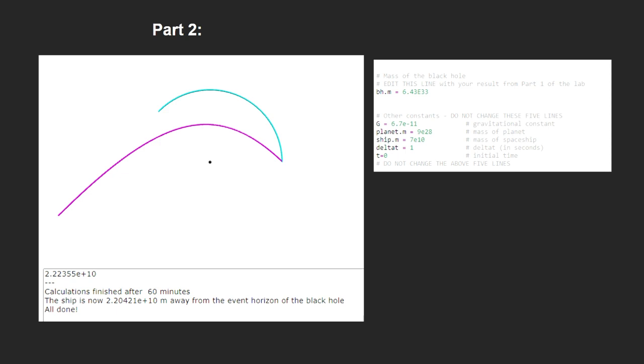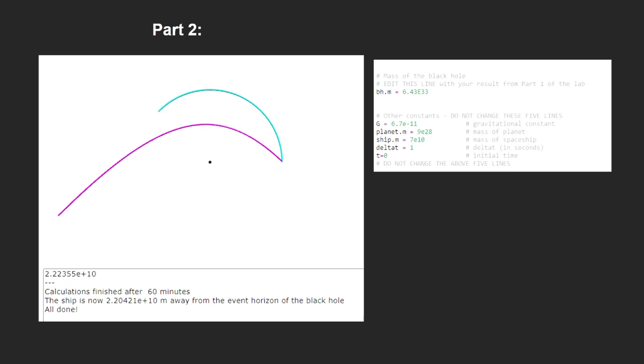Now, in part 2 of the lab experiment, we have the mass that we know. So we input that as one of the inputs in the GlowScript code, as you can see on the top right in the little photo. We also have other constants, such as the gravitational constant, the mass of the planet and the ship, and the rate of change of time.